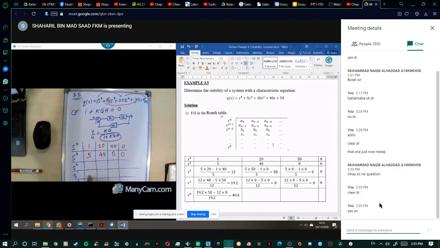So how to find this one? It will be like this: divided by 5, the first one. So 5 times 20 minus 1 times 40, divided by 5. I hope you can see that on the slide, at the note also.